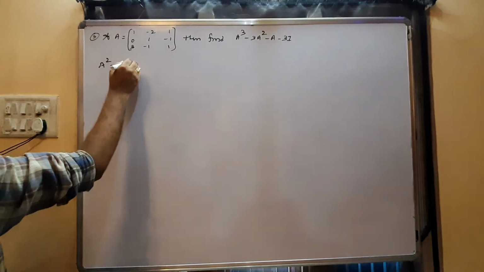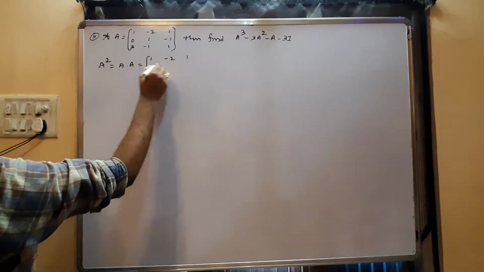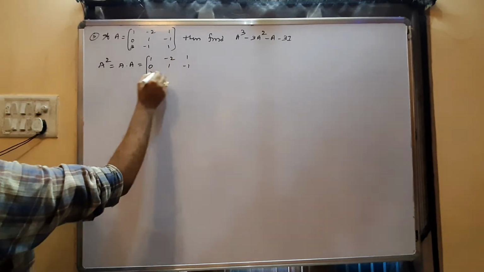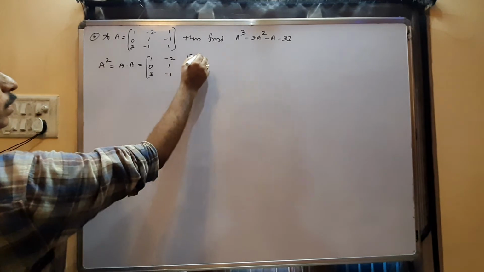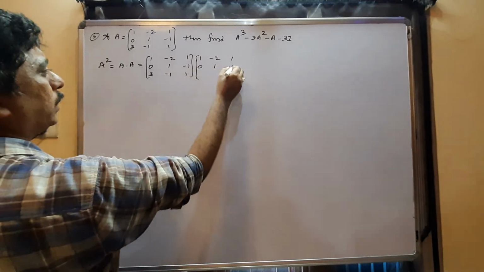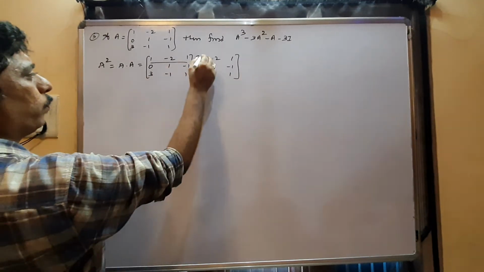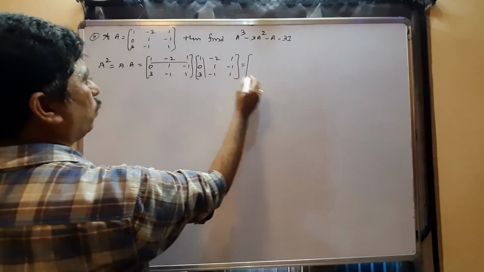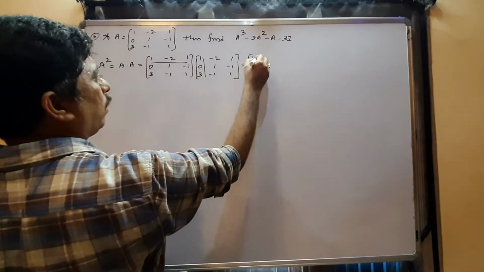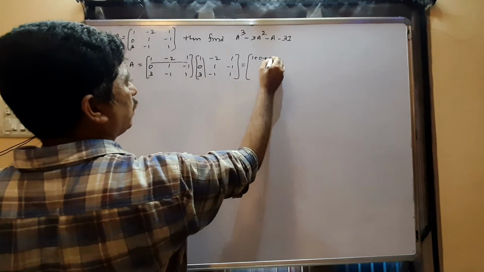A into A. That is 1, minus 2, 1, 0, 1, minus 1, 3, minus 1, 1, into again 1, minus 2, 1, 0, 1, minus 1, 3, minus 1, 1. Row into column. So 1 into 1, 1, plus minus 2 into 0, 0, plus 1 into 3 is 3.